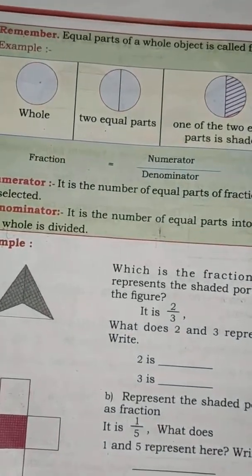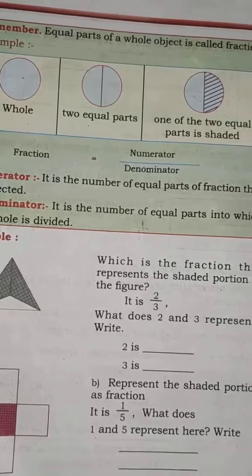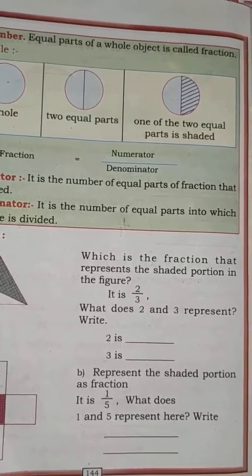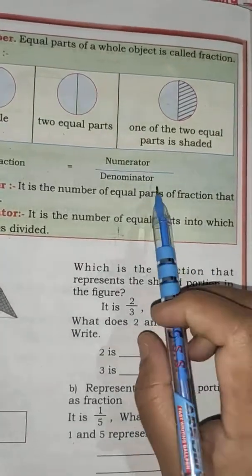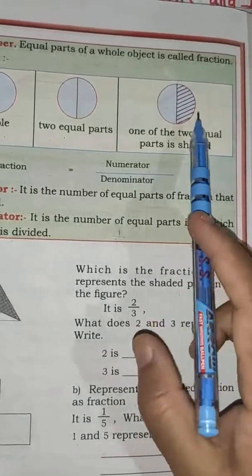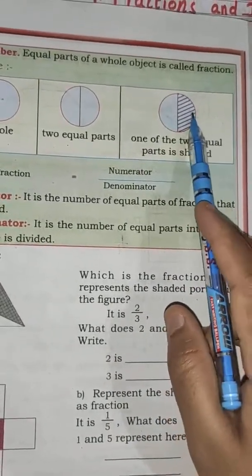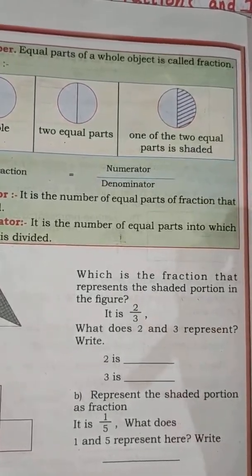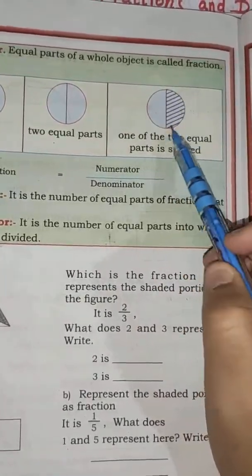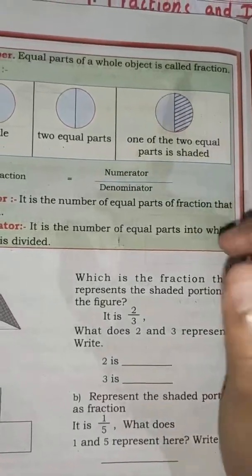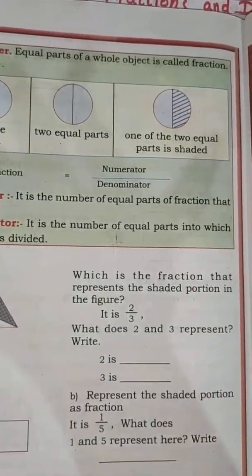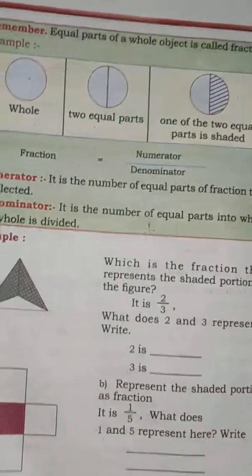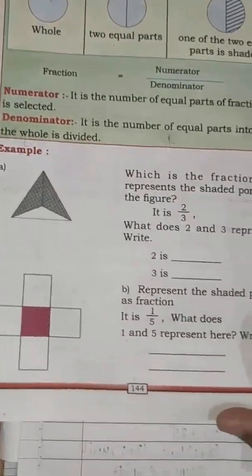Numerator means it is the number of equal parts of fraction that is selected or shaded. Denominator means it is the number of equal parts into which the whole is divided. So this is called the denominator. Understood children? Okay, here let us take one example.